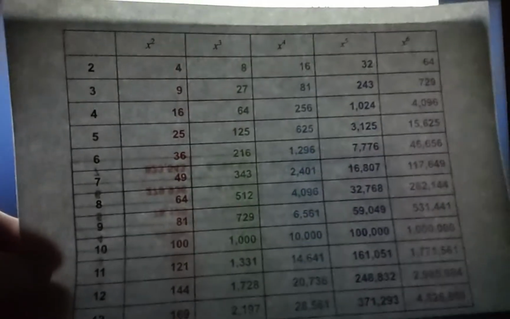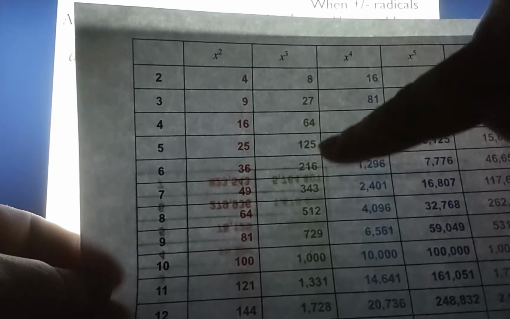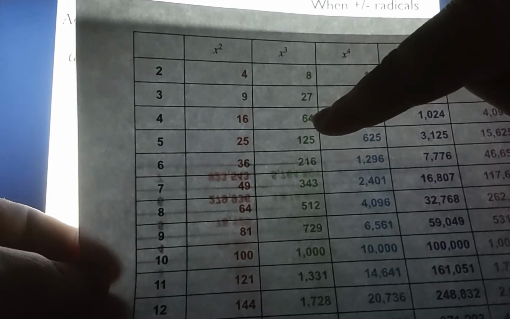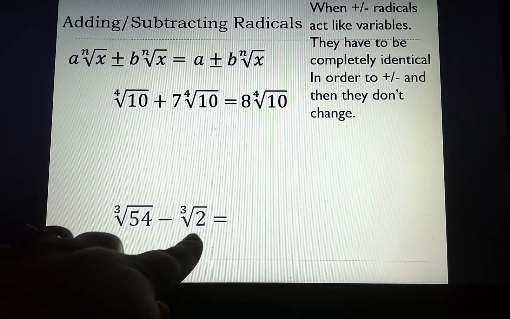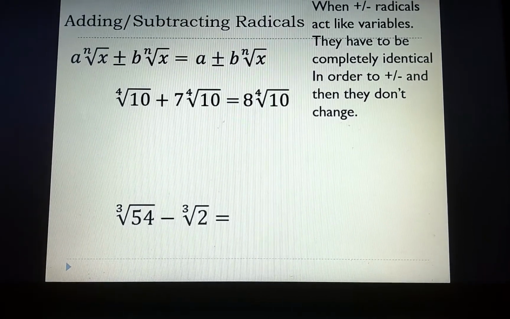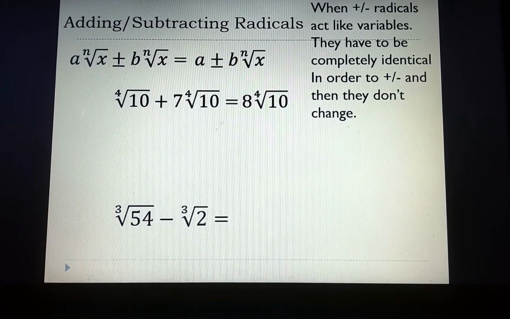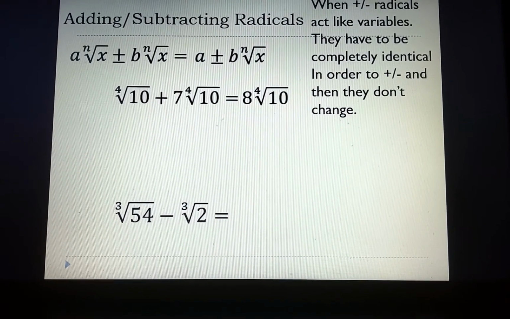All right, so we're looking at x cubed right here. Okay, we see that 54 is not on here, but we're going to see how we can break 54 down. We know that we have to multiply by a 2. So 54 divided by 2 is... I don't know what it is.